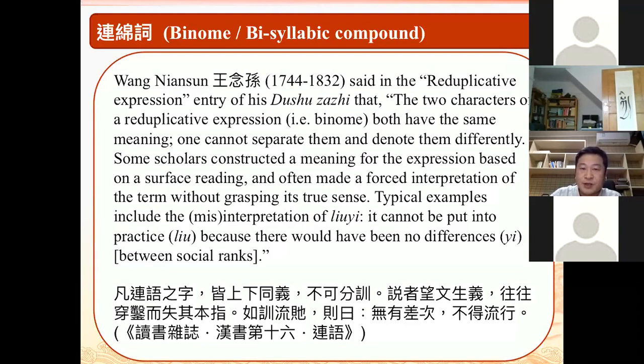One cannot separate them and denote them differently. Some scholars constructed the meaning for the expression based on surface reading and often made a forced interpretation of term without grasping its true sense. And he also raised an example here.